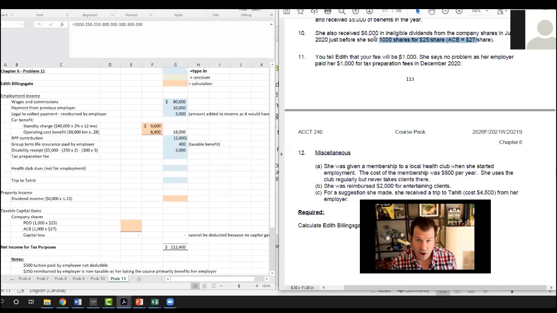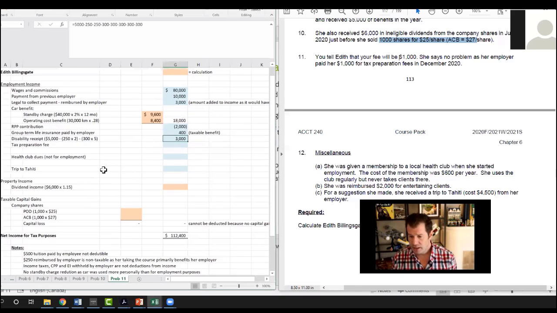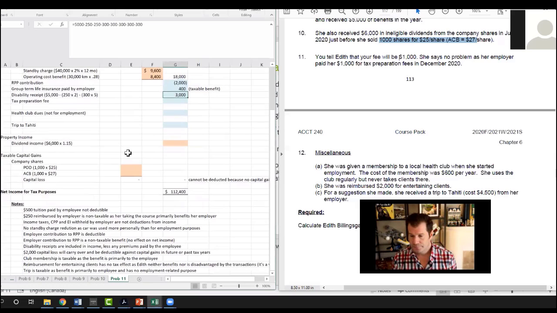Now, these items, are they employment income? I think we're done with employment income. What we have here are 2 different types of income. We have property income, which is the non-eligible dividends, or ineligible if you want to call them that. So I'm going to jump down to property income, right? And because these dividends are non-eligible, and I just asked a dividend question, a softball question in 375, and like 3% of people remember to gross up their dividends.